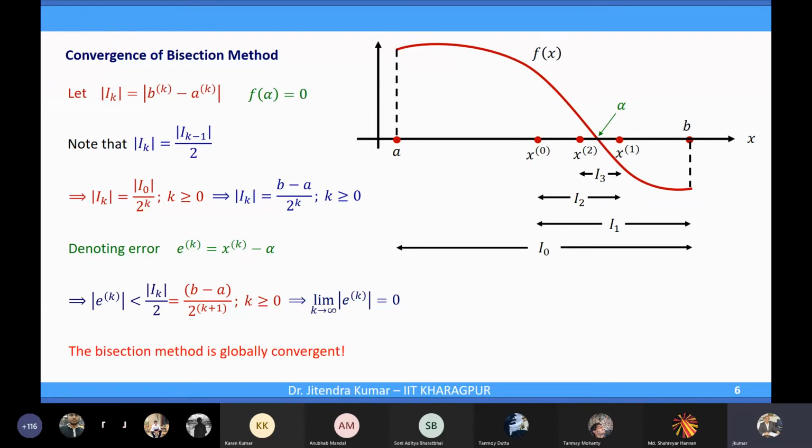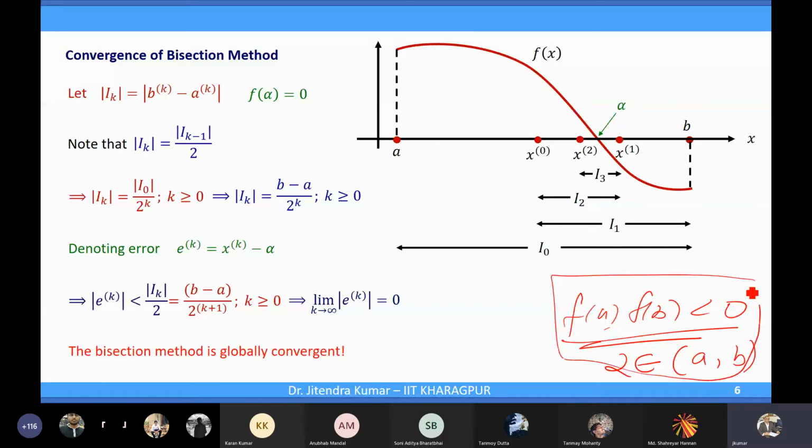You start only then, because that means there is a root in between. That is a condition from the beginning itself: if f(A) into f(B) is less than 0, there is a root alpha between A and B. After that only we are talking about that root.